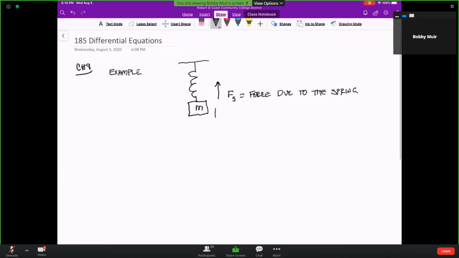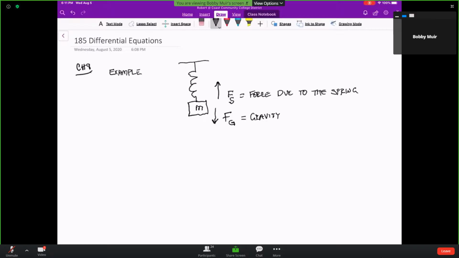And there's also, that looks too much like a G. Force due to the spring. And then we have force due to gravity. And with gravity, force is going to be going down.